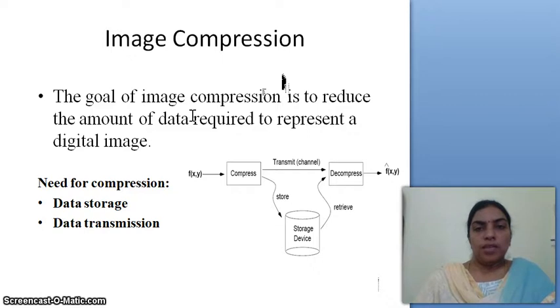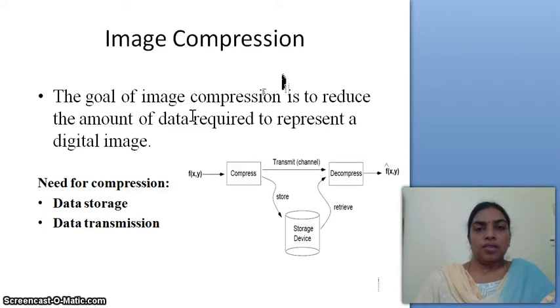If the image is of size m by n, and I take an 8-bit image, that means the intensity resolution is 8 bits.